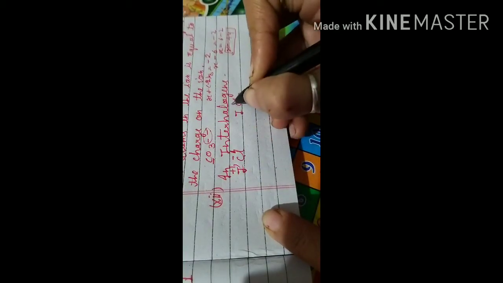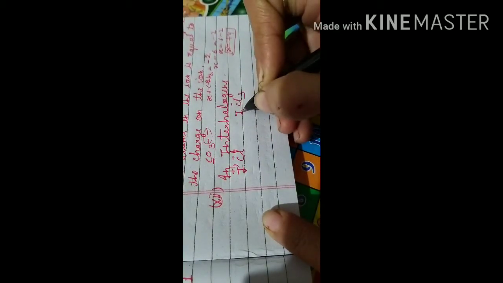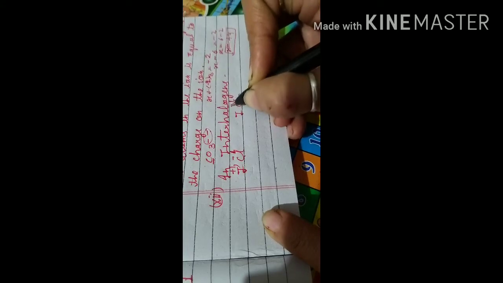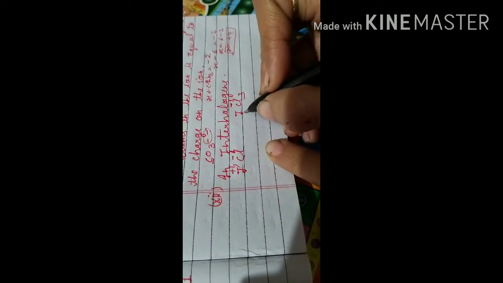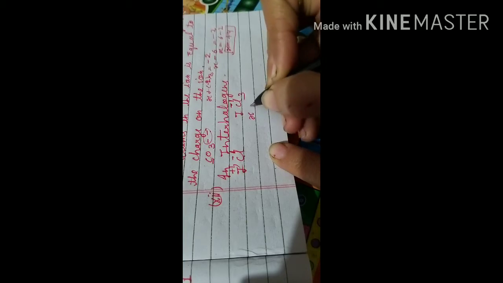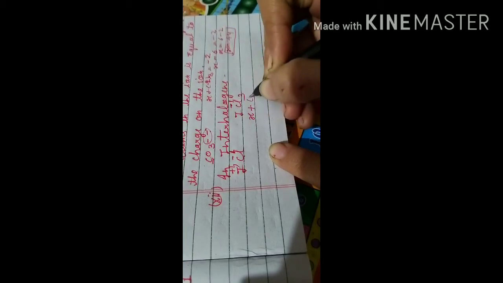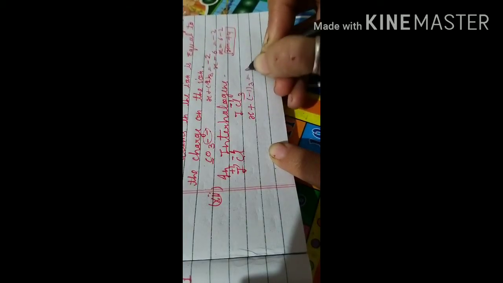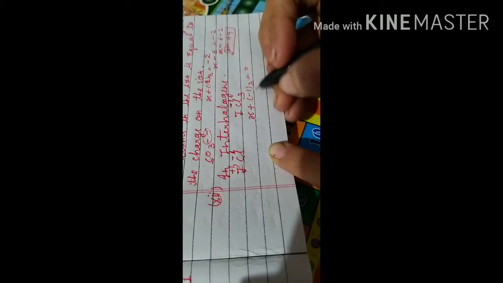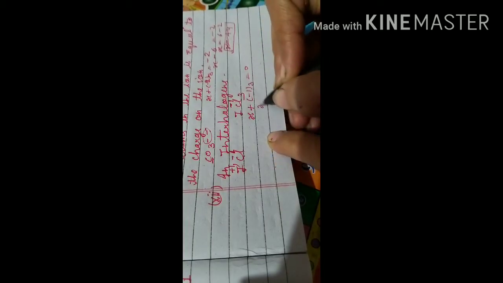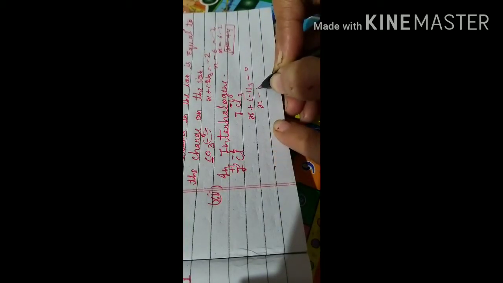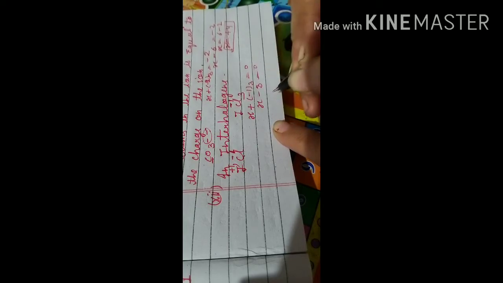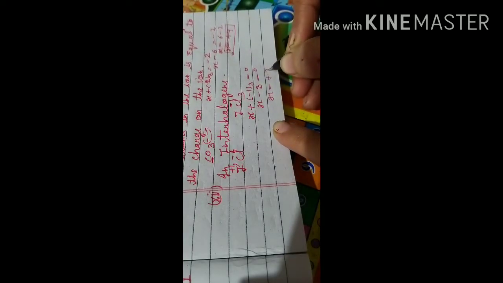In ICl3, chlorine is more electronegative than iodine, so its oxidation state will be considered as -1. To find iodine, x + (-1) taken thrice, the sum of the oxidation states of all the elements, equals 0. So x - 3 = 0, and overall x = +3.